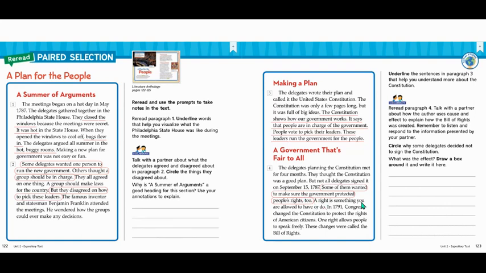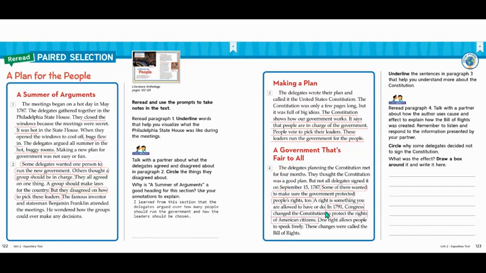A right is something you are allowed to have or do. In 1791, which is 4 years later, Congress changed the Constitution to protect the rights of American citizens. All right, boys and girls, that is the effect. Because they didn't sign in 1787, the effect was that years later, Congress changed the Constitution to protect the rights that they wanted.